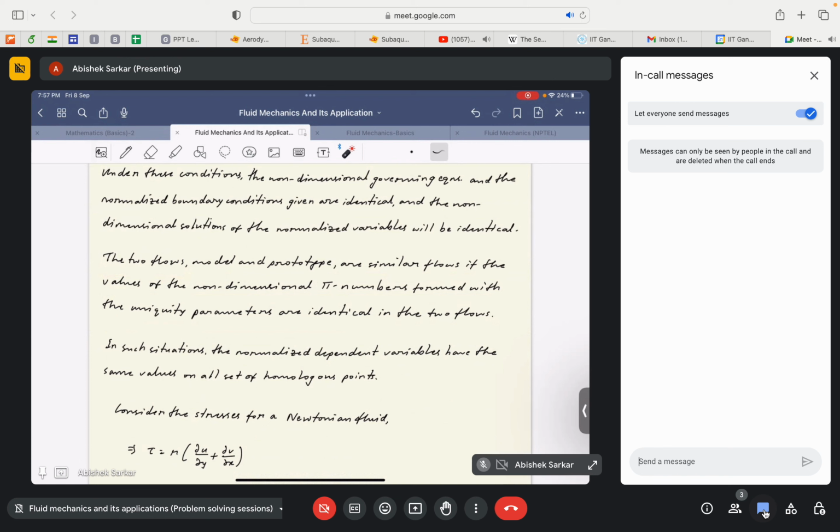Ideally, the fewer non-dimensional numbers required to characterize the flow, the better it is for us, because it is much easier to model a problem with fewer variables than with more.